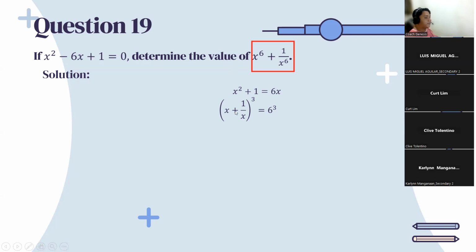So since you have x plus 1 over x is equal to 6, we raise both sides to 3, and then we get x cubed plus 3x plus 3 over x plus 1 over x cubed is equal to 216. Now, we solve for x cubed plus 1 over x cubed. So what we did is we subtracted both sides by 3x plus 3 over x.